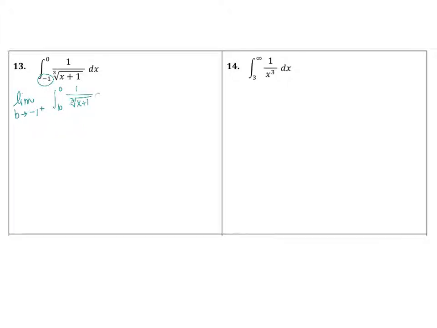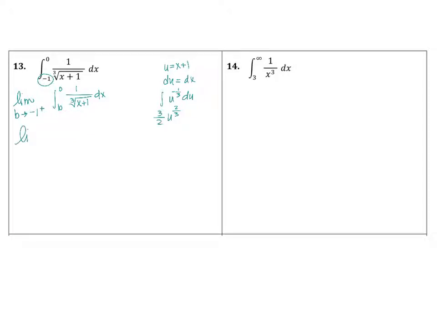And over here to the side, looks like we're definitely going to have to do a u sub. So I'm going to let u be equal to x plus 1. And so du is going to be dx. And when I integrate this, then I'm going to have u to the negative 1/3 du. So if I integrate that, that's going to give me u to the 2/3, so 3/2 out front.